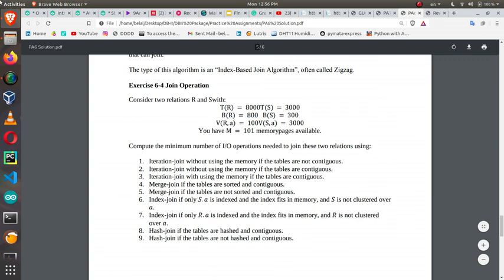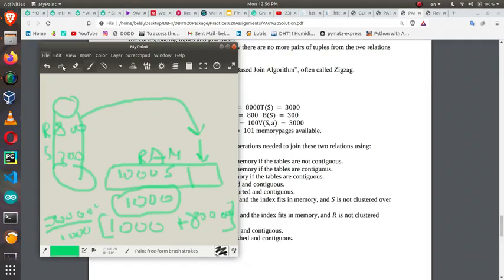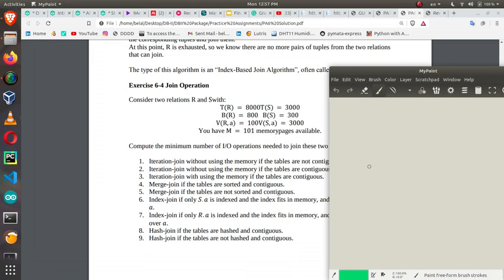So this costs us 800 to load relation R. Each one of these blocks carries 10 tuples, so we have 8000 tuples. We are going to search for 8000 tuples. For each one we don't know how many matches we will have, but we are searching inside the index of relation S. So we have to use the number of distinct values and the total number of tuples.